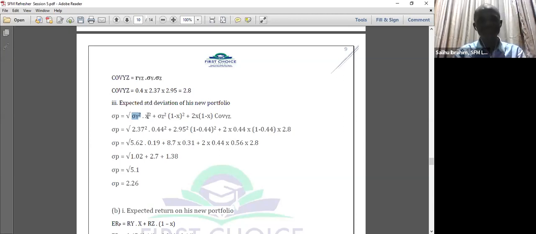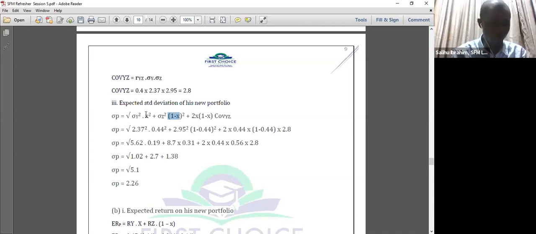So I will multiply by the weight of Y, which I'm representing with x. Then plus standard deviation of Z squared, which is written as variance of Z, multiplied by 1 minus x.